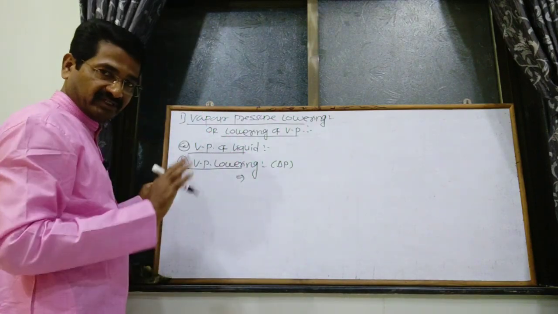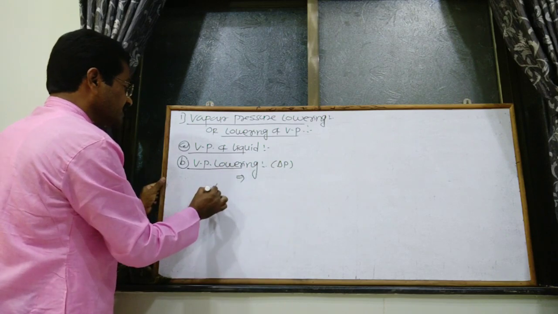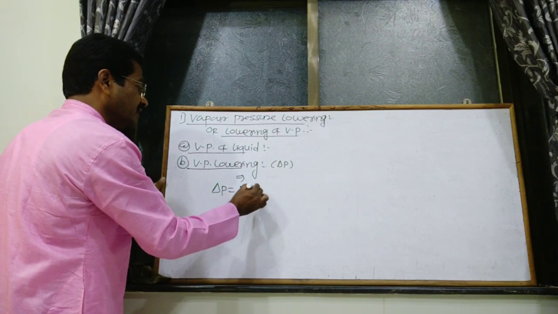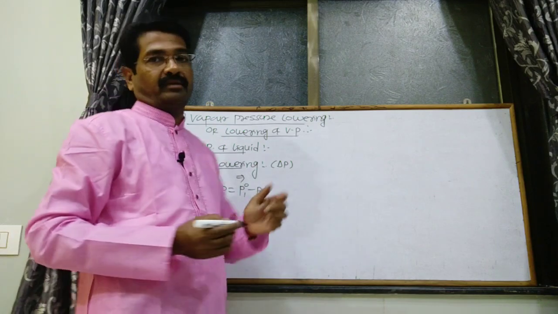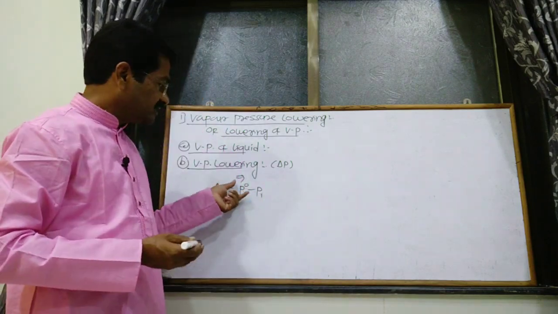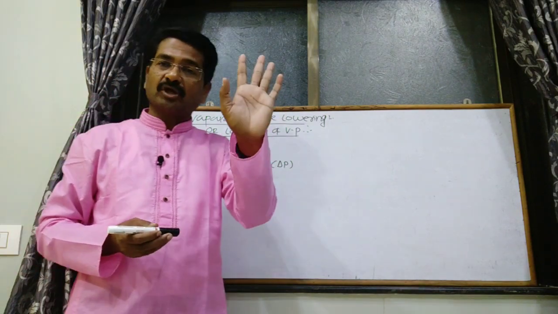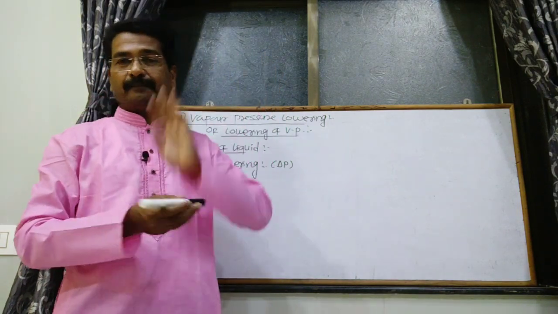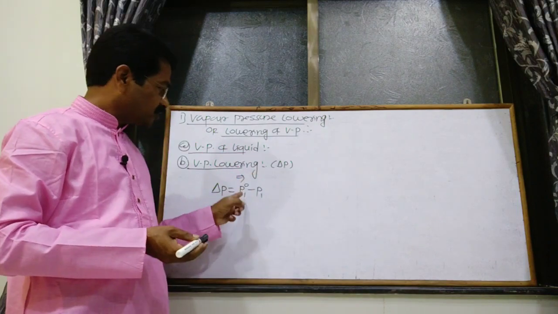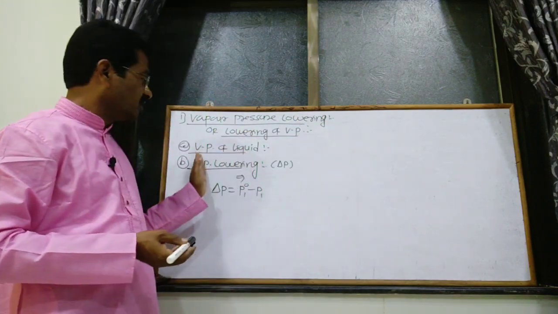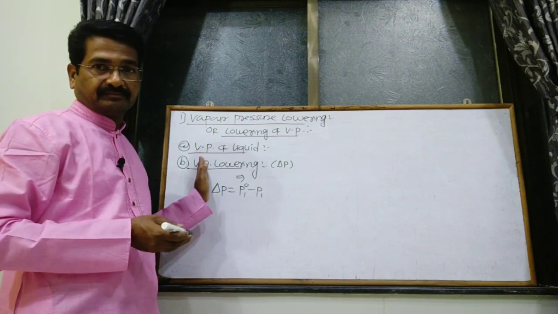That is the actual definition. According to that definition, delta P is equal to P01 minus P1, where P01 is the vapor pressure of pure solvent and P1 is the vapor pressure of solution. This indicates that the vapor pressure of solvent is greater than vapor pressure of solution, called lowering of vapor pressure.